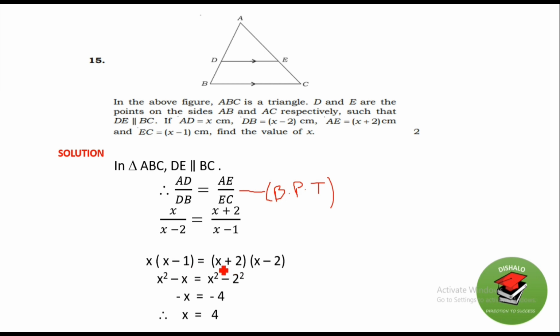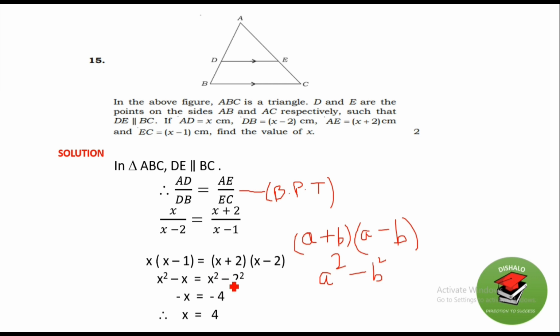Equals, here we have a formula: x plus 2 into x minus 2 means a plus b into a minus b, and the formula is a square minus b square. So what is a in this case? a is x.